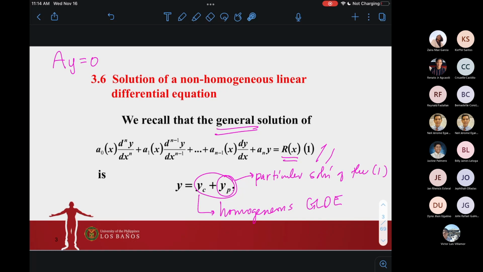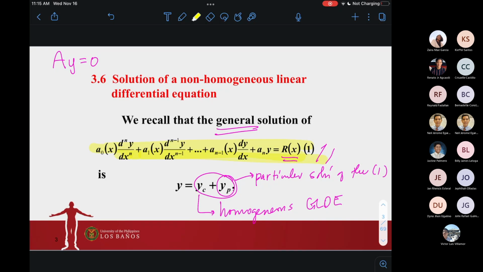So kailangan, after mo mahanap yung general solution ng homogeneous GLDE, kailangan makachamba ka at makahanap ka ng at least isang specific solution ng equation 1. I-add mo yon dun sa general solution ng homogeneous GLDE, you get the general solution for the non-homogeneous GLDE. And I guess I already explained why this occurs in section 3.2 or section 3.3.